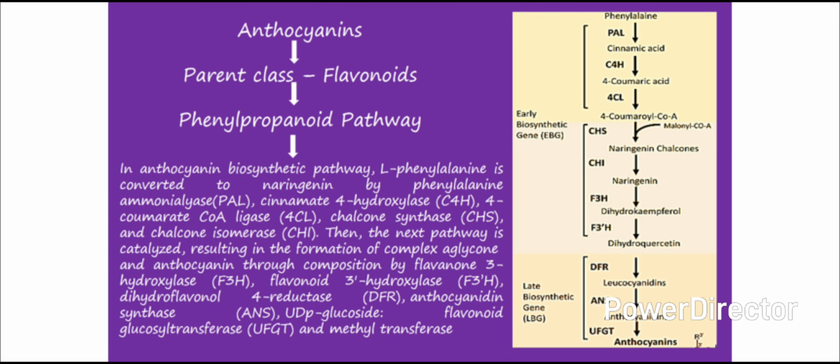In the anthocyanin biosynthesis pathway, L-phenylalanine is converted to naringenin by PAL, C4H, 4CL, CHS and CHI. Then the next pathway is catalyzed, resulting in the formation of complex aglycone and anthocyanin through F3H, DFR, ANS, UFGT and methyltransferase.